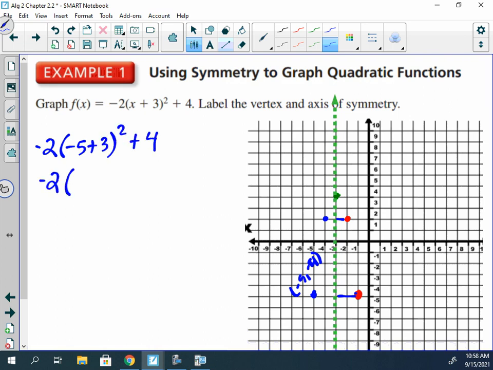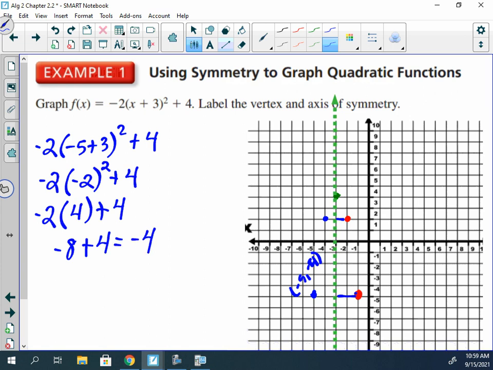Negative 5 plus 3 is negative 2, squared is 4. Negative 2 times 4 is negative 8. Plus 4 is negative 4. We get the exact same value.